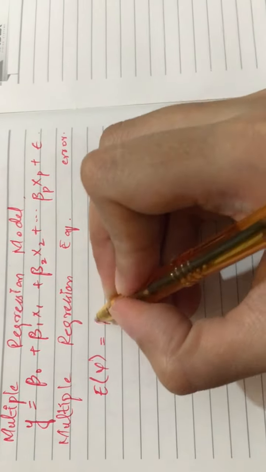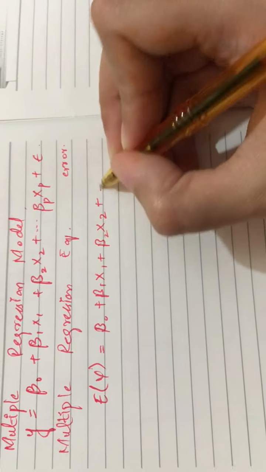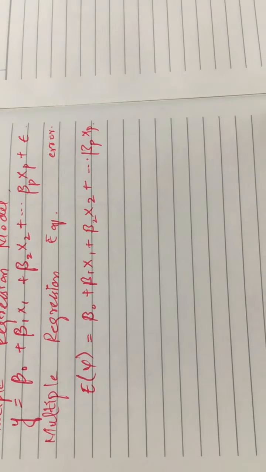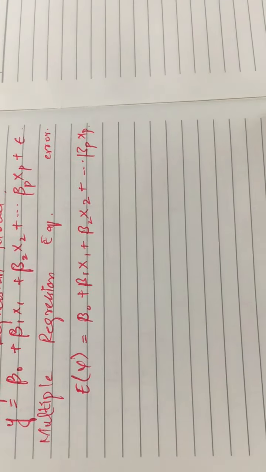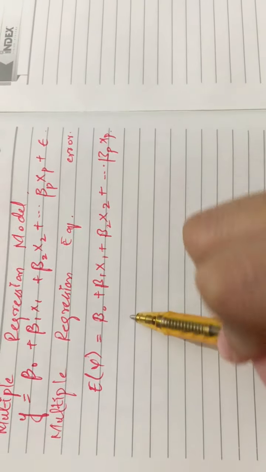estimate of y, that is beta naught plus beta 1 x1 plus beta 2 x2 plus up to so on beta p xp. And here we have the error term is assumed to be 0. So this is the estimate of y, and this is basically the multiple regression equation.